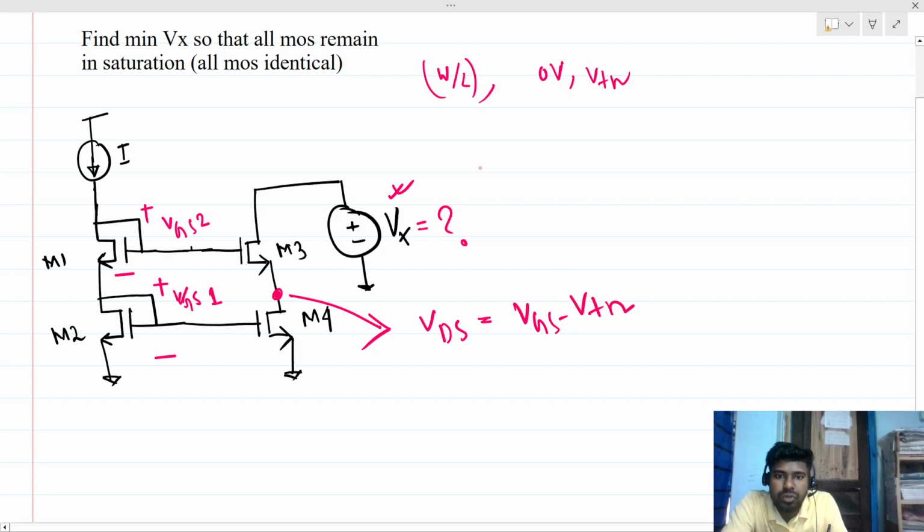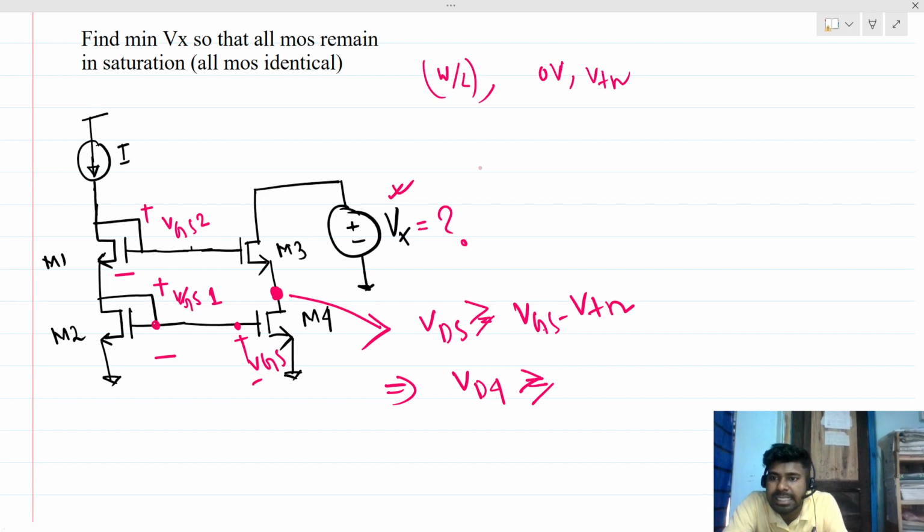So this node voltage, let's say this is VD4, will be greater than or equal to VG. VG is nothing but this voltage, the VGS of this MOSFET, and this is the same node, so it will be the same as this VGS.